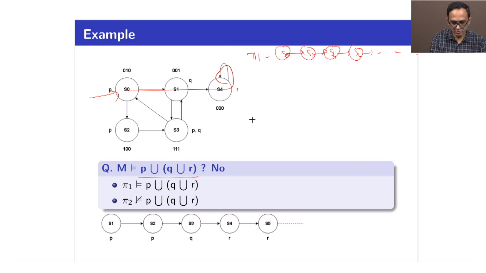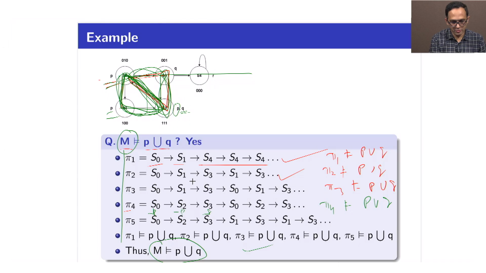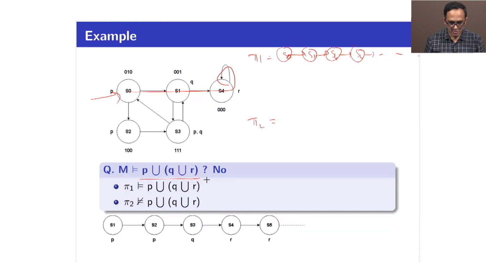And pi 2 is S0, S1, S3, and then it loops here: S0, S1, S3, S1, S3 and so on.